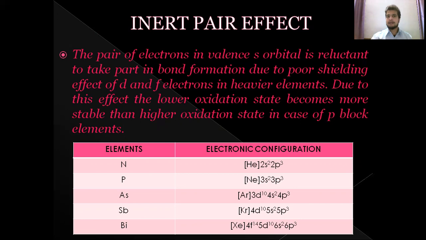Only the P electrons will prefer to take part in bonding, so the preferred oxidation state these elements show is +3 instead of +5. So +3 will be more preferred compared with +5.